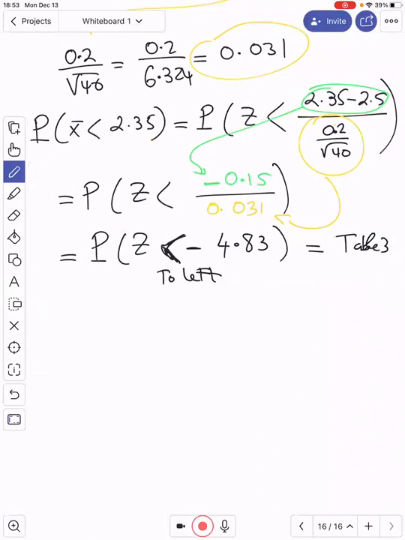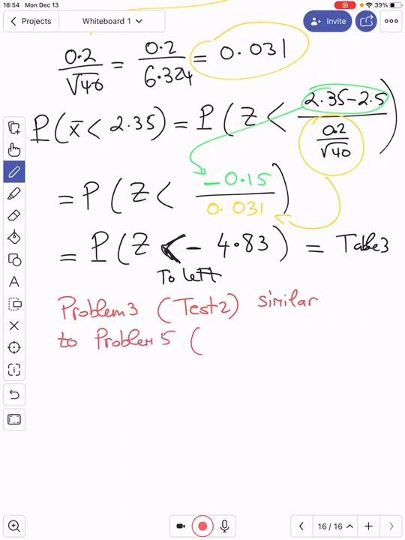This is problem 3 in Test 2, and it is very similar to problem number 5 in the review sheet.